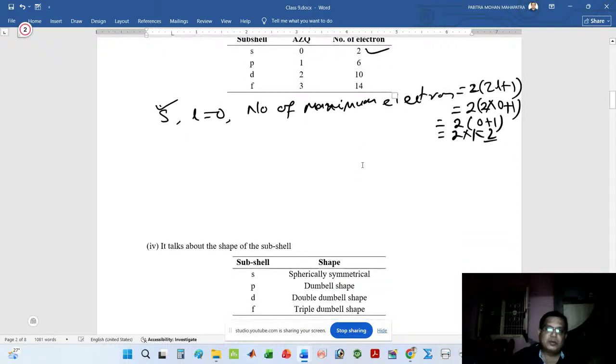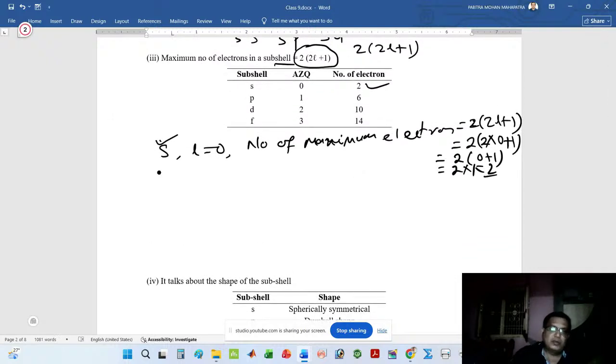Similarly, for the P subcell, if you want to find the maximum number of electrons present in the P subcell, think about the azimuthal quantum number. For the P subcell, the L value is 1. So the maximum number of electrons is 2 into (2L plus 1).